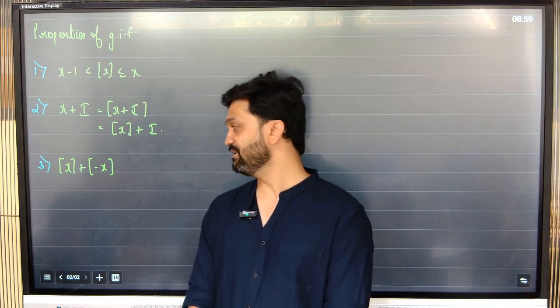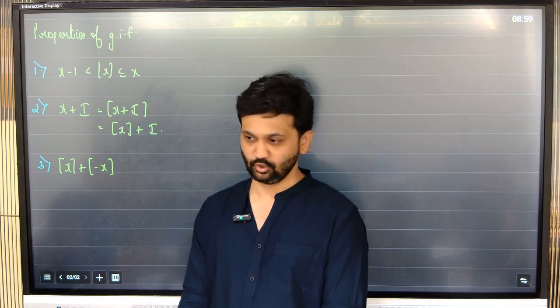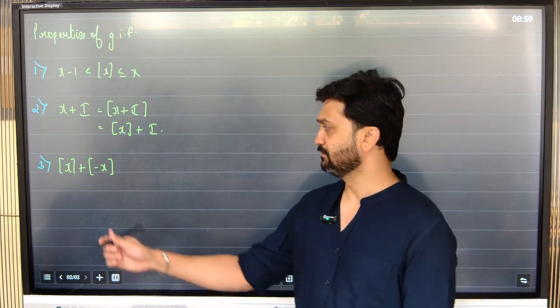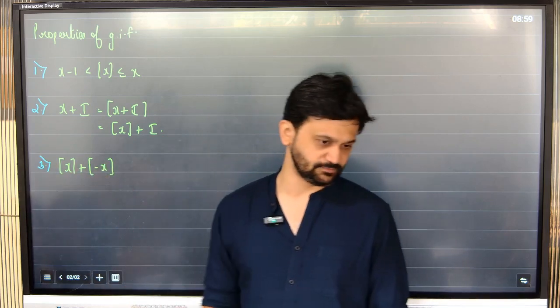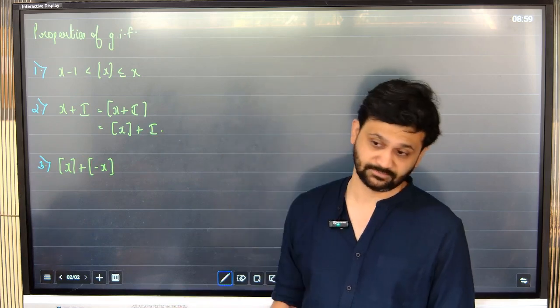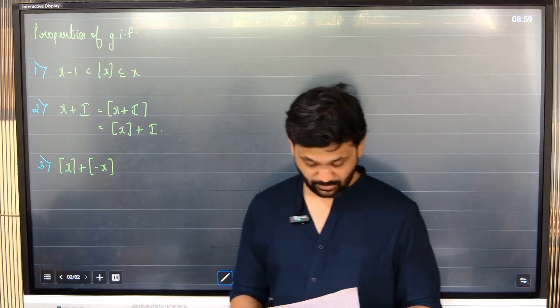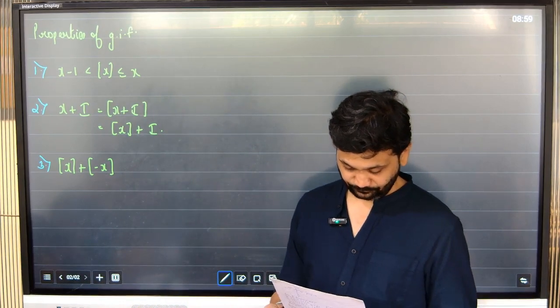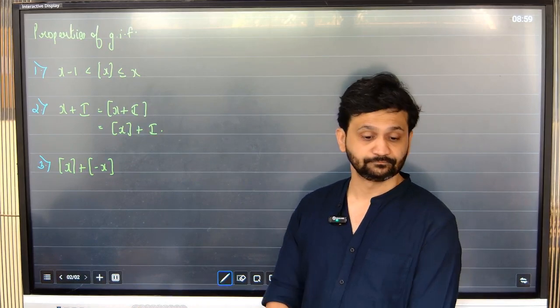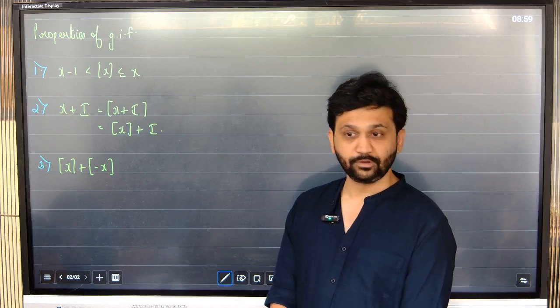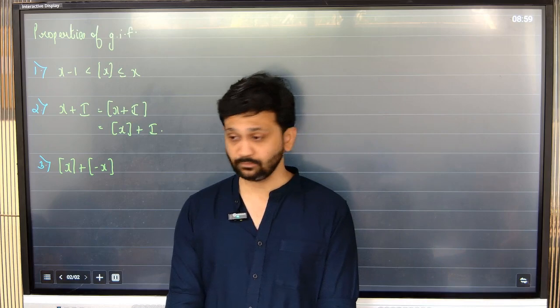Are you sure? Think basic. Take any decimal value of your choice, substitute it here and tell me what answer you get. Anyone? What will you get the answer as? Minus 1. Sure.